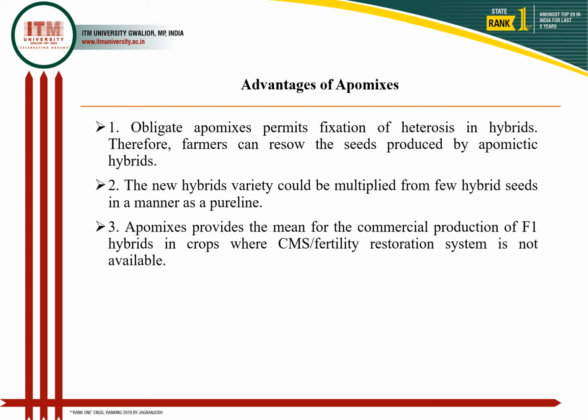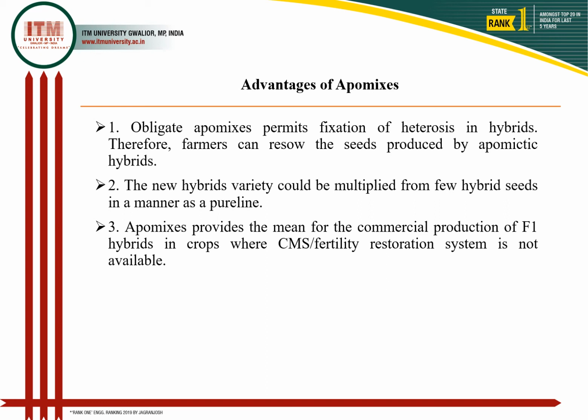So apomixis also provides the means of commercial production of F1 hybrids in crops where there is a CMS, cytoplasmic male sterility, or there is a situation of fertility restoration where such kind of things are not available.